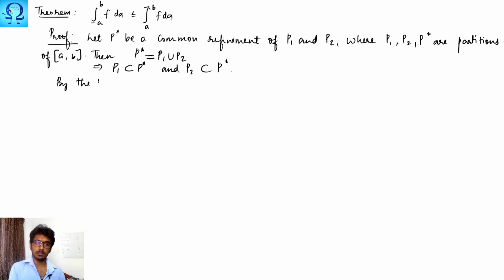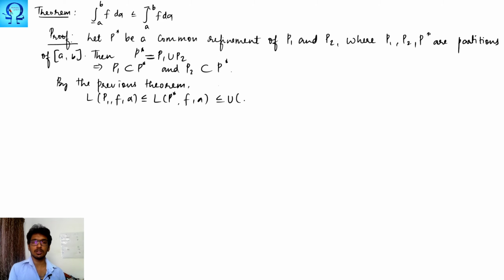By the previous theorem, if you have a refinement, then your upper sum and lower sum can be written in this form. That is, L(P1, f, alpha) is less than or equal to L(P star, f, alpha), less than or equal to U(P star, f, alpha), less than or equal to U(P1, f, alpha).